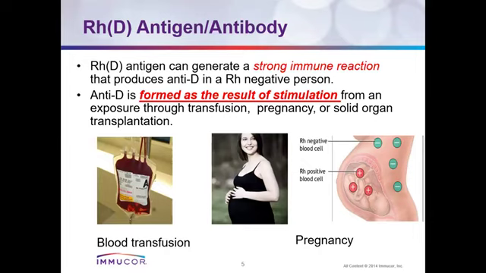So we all know that the rhesus D, capital D, can generate a very strong immune reaction, and that produces anti-D in a rhesus negative person.